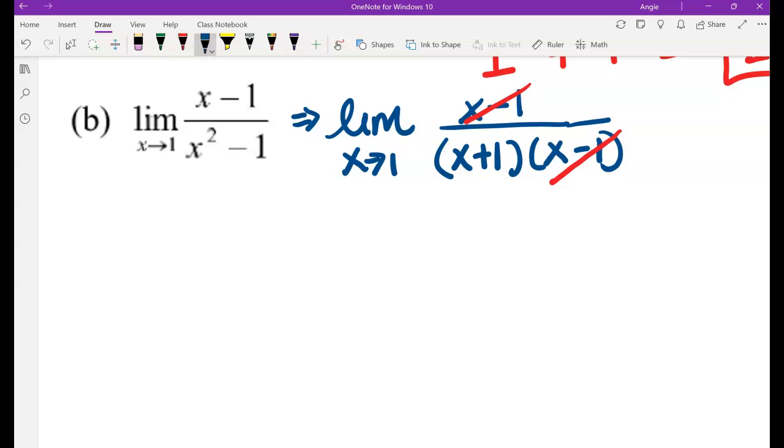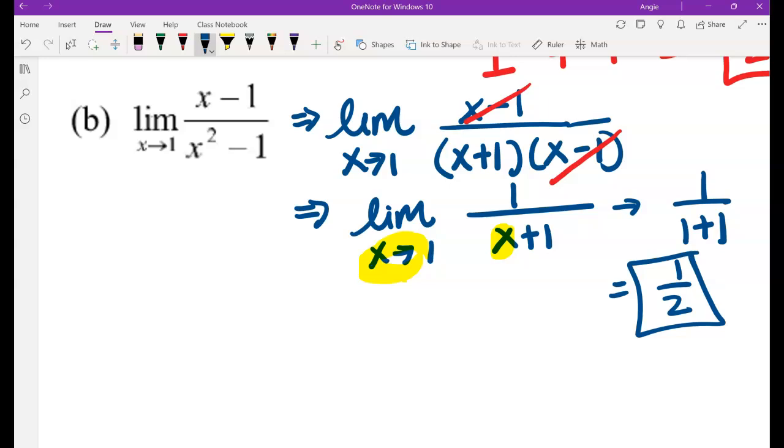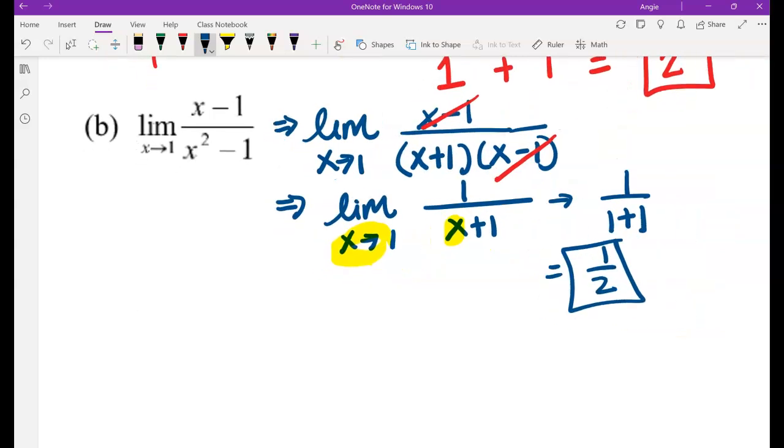So that will bring us down to the limit as x approaches 1 of, now reduced, we have 1 on the numerator, then x plus 1. Now we can substitute this in, guys, okay? So when x is 1, we can plug it in. It's going to say 1 over 1 plus 1, which is going to be 1 over 2. So the limit for this function as x approaches 1 is 1 over 2.